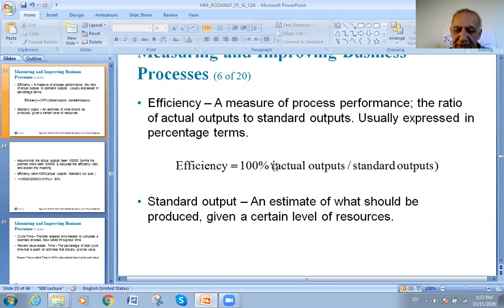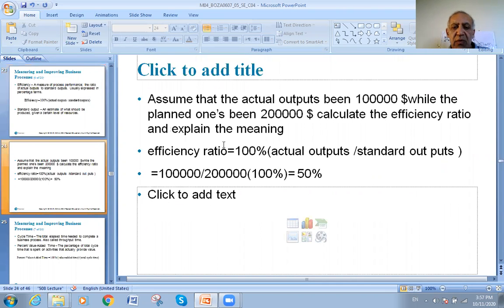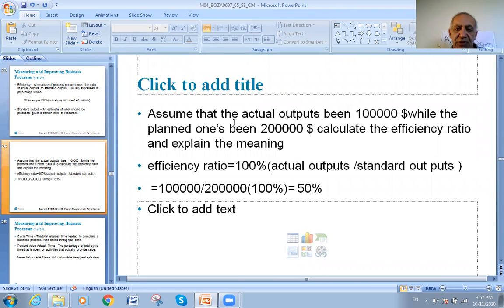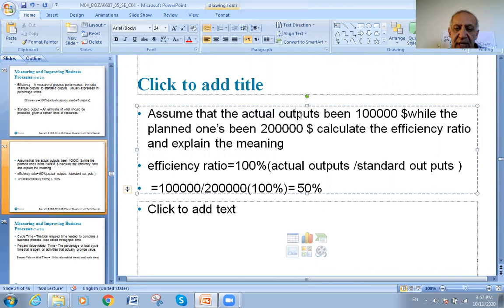Take care that this is a sum inside two brackets. We will say the efficiency ratio here. Assume that the actual outputs are 100,000 while the planned ones are 200,000. Calculate the efficiency ratio and explain the meaning.